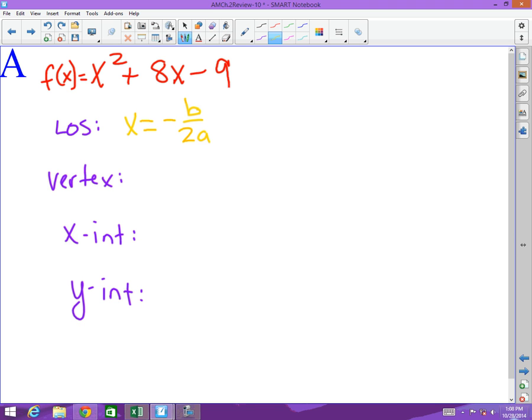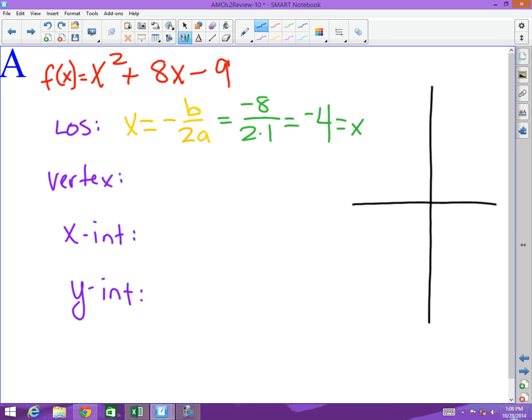And so in this case, you would have the opposite of 8 over 2 times 1, so that is negative 4. And so that is your line of symmetry, right there at negative 4. Then to find the vertex, you would substitute negative 4 into the function.